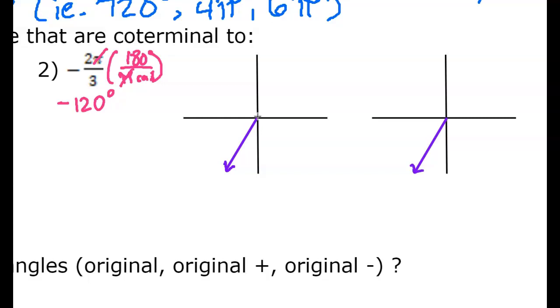Okay, so now I'm going to be taking my angle, negative 2 pi over 3. And because it's in radians, instead of adding 360, I'm just going to add 2 pi. Now, what do I need to do first to actually combine these two terms?